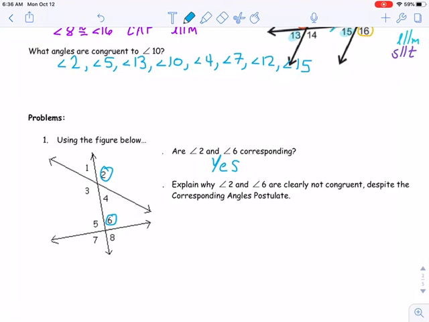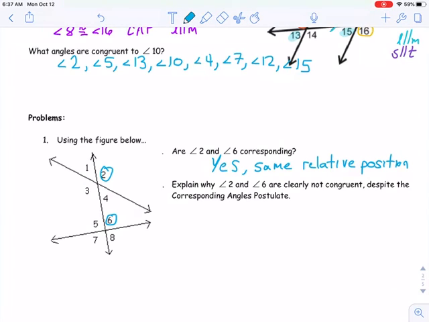All right? So explain why 2 and 6 are clearly not congruent despite the corresponding angles postulate. So, yes, they're corresponding. They're in the same relative position. All right, they're in their groups of 4.